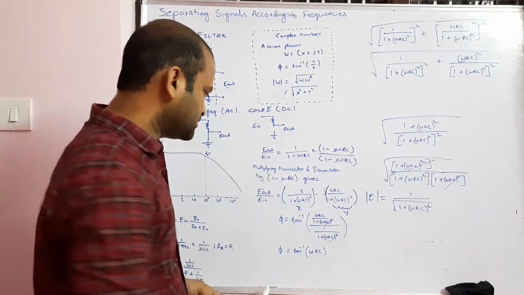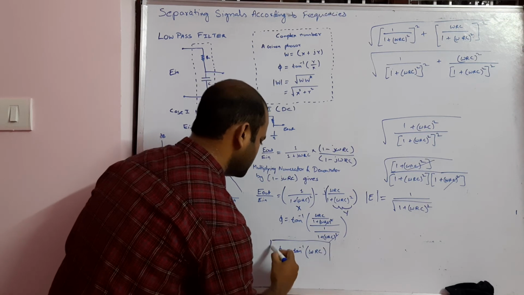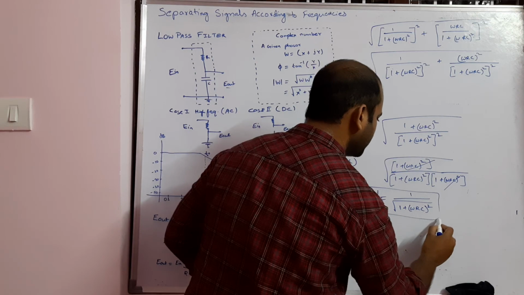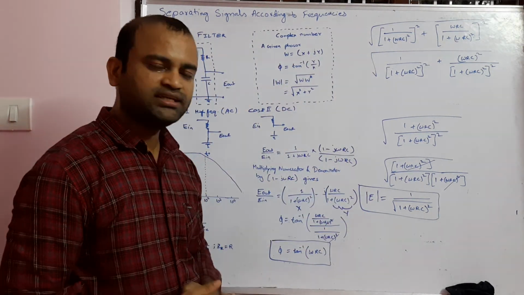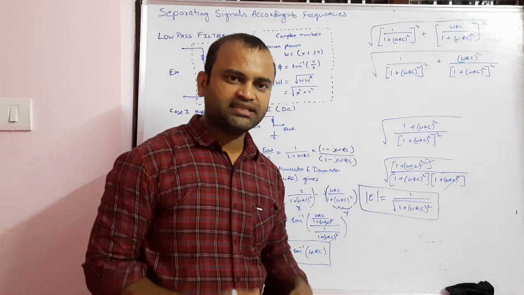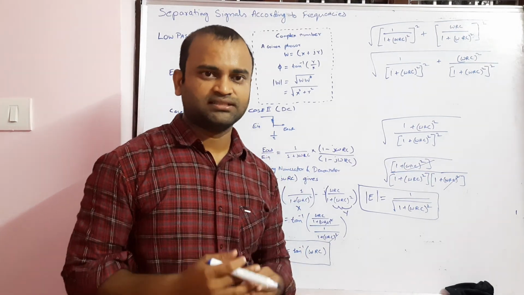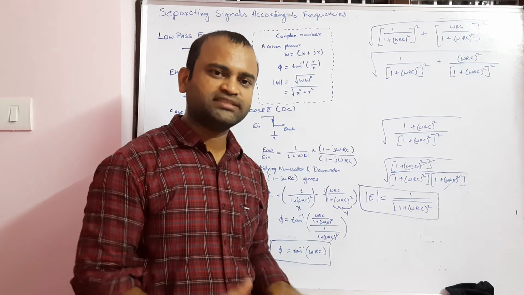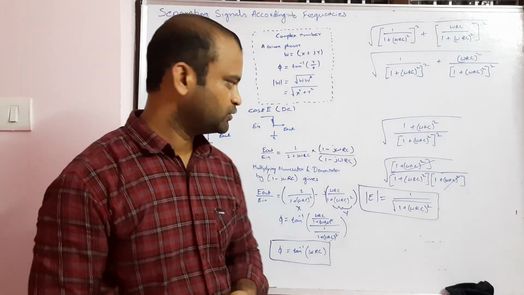Using these formulas, you can calculate the phase angle of any signal and the amplitude of any signal. So similarly, if you want to calculate the frequency, the amplitude and the phase angle in a high pass filter, then you can use the same methodology and obtain the phase angle and the amplitude.